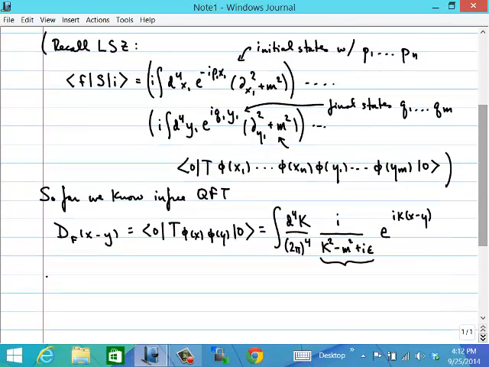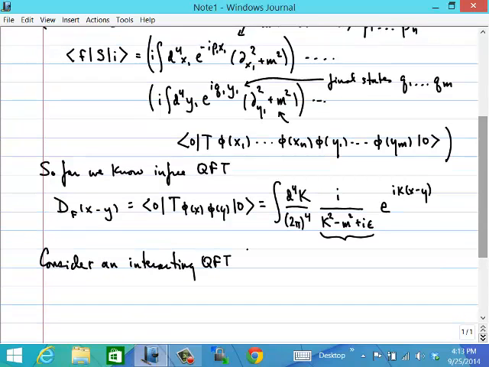So what I'd now like to do is consider an interacting quantum field theory with a Lagrangian, that is to say a Lagrangian density, that's given by the Lagrangian of a free field theory.